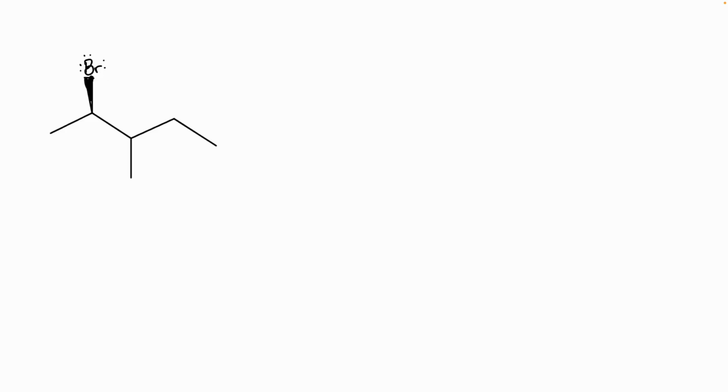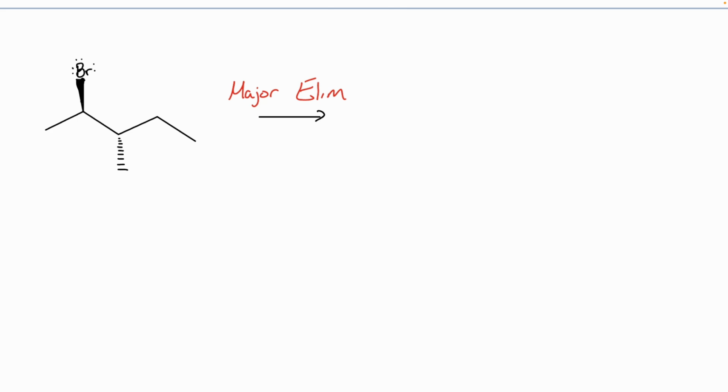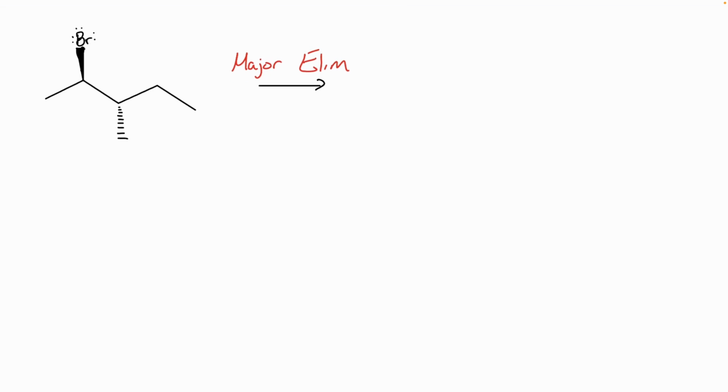So my bromine has a specific stereocenter, and my methyl group here has a specific stereocenter. All right, well, we're just going to do our major elimination product. All right, that's going to be the more substituted one.